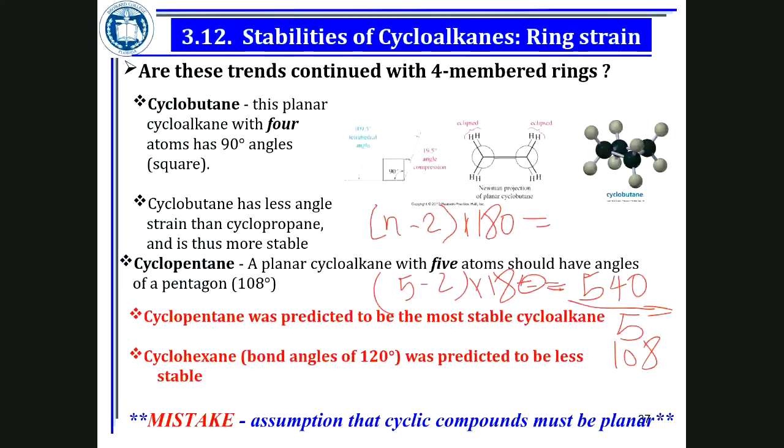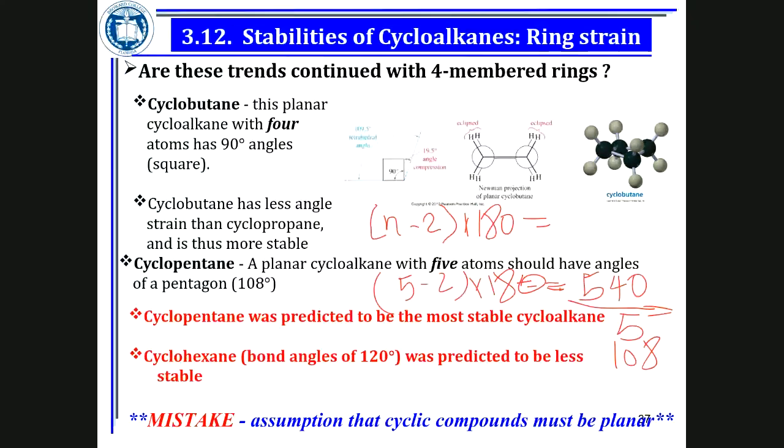It can go down, and then one could go up. So cyclopentane is more stable than cyclobutane. Cyclobutane is more stable than cyclopropane because of the angle strain. So when you have a cyclic system, the only 2 cyclic systems that are considered to be stable are cyclopentane or cyclohexane. Those are the 2 stable cyclic systems based on the angle strain.